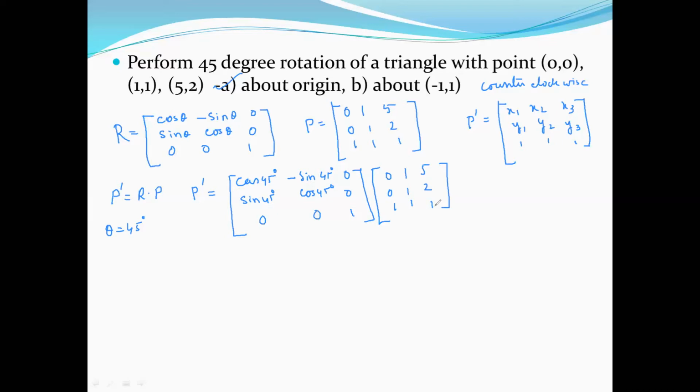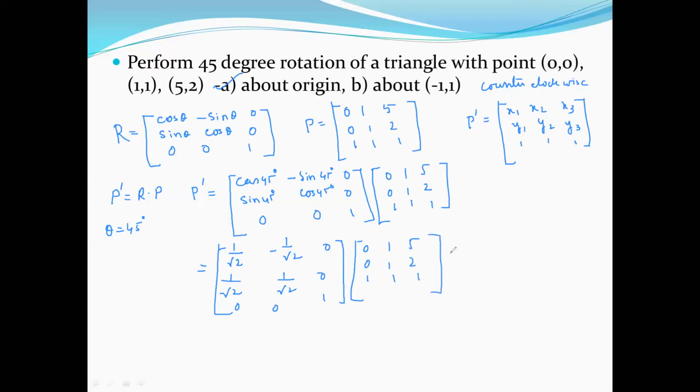So we will replace cos 45 degree by 1 by root 2, and this is minus 1 by root 2, this is 0, again this is 1 by root 2, 1 by root 2, 0, then 0, 0, 1. And the point matrix is 0, 0, 1, 1, 1, 1, 5, 2, 1.